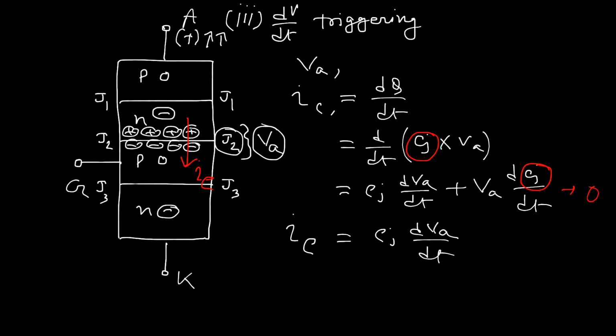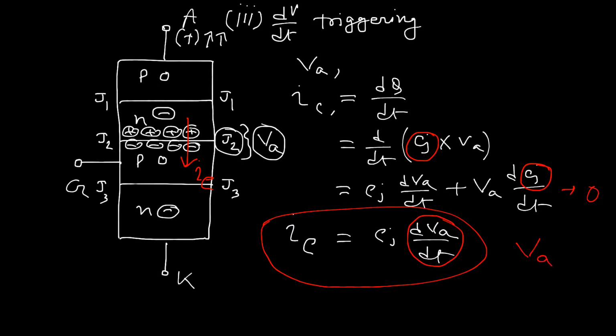That means we can conclude that IC depends on the rate of change of voltage appearing across the anode. It does not depend on the anode voltage itself, but on the rate of change of voltage, dV/dt.